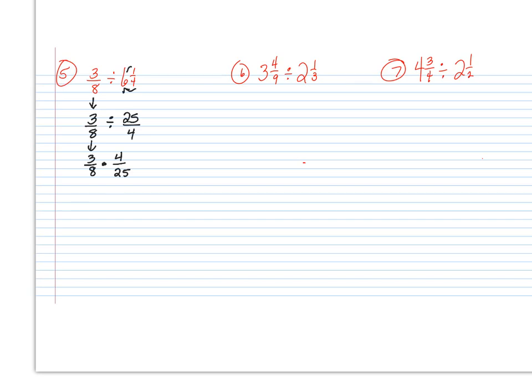Look to see if anything cancels. Well, nothing goes into both 3 and 25, right? But 4 and 8, they are both divisible by 4. So 4 divided by 4 is 1. 8 divided by 4 is 2. Go straight across. 3 times 1 is 3. Over 2 times 25 is 50. That's a super, super small fraction. It's real close to 0.